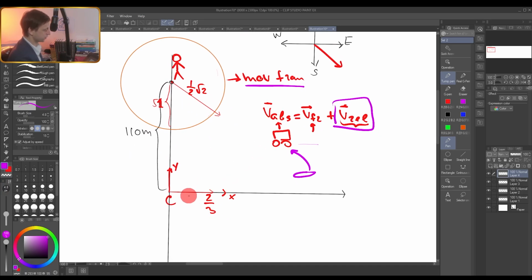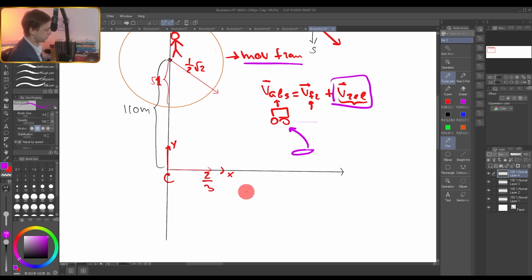So this vector, the absolute velocity, has components 2 over 3 and 0. This vector, the velocity of the moving frame, if you make projections to x and y, v of the frame has components 1 over 2 and 1 over 2.